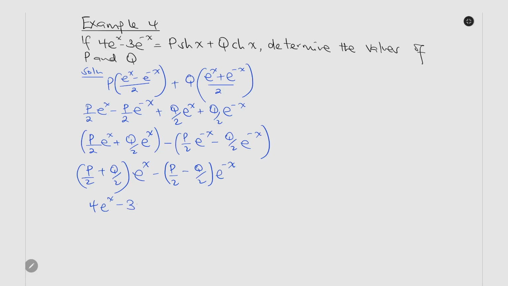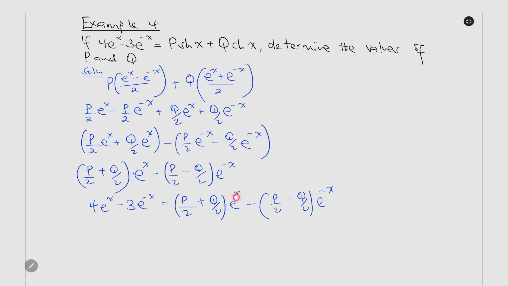4e^x minus 3e^(-x) is equal to, so I equate it now to what I've already solved, p over 2 plus q over 2 e^x minus p over 2 minus q over 2 e^(-x). If you do it this way, you will notice that this one should be equal to this one here because of this e to power x.